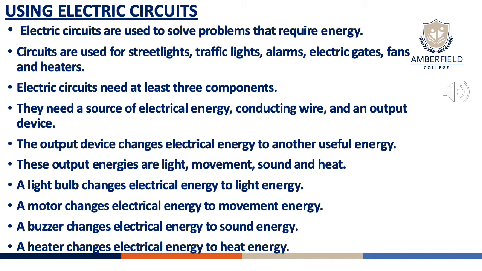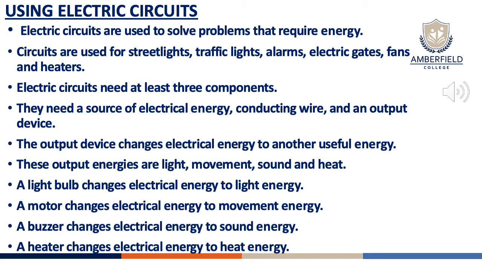Electrical circuits need at least 3 components in order to work. Now remember, the 3 components that we need is our source of energy, our conducting wires, and of course the device. So when we think of this, they need a source of electrical energy. So where does the energy come from?